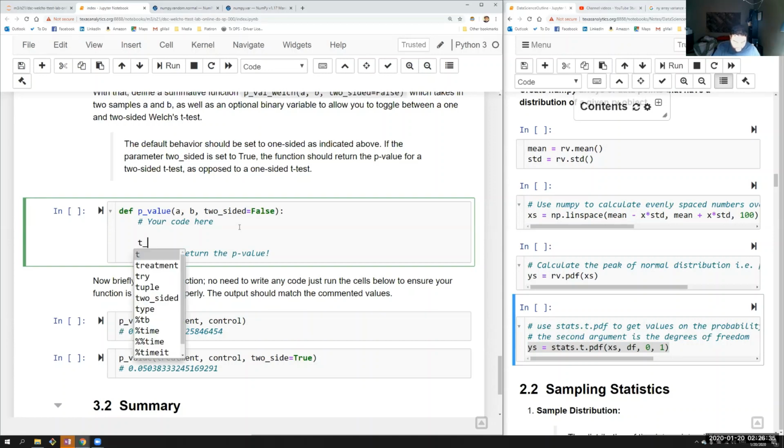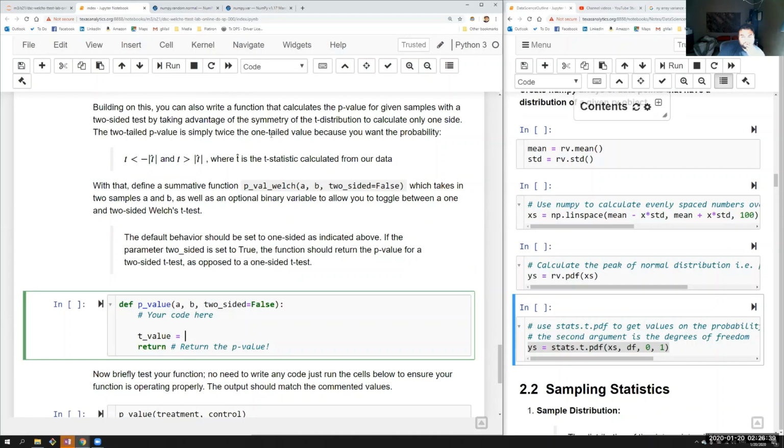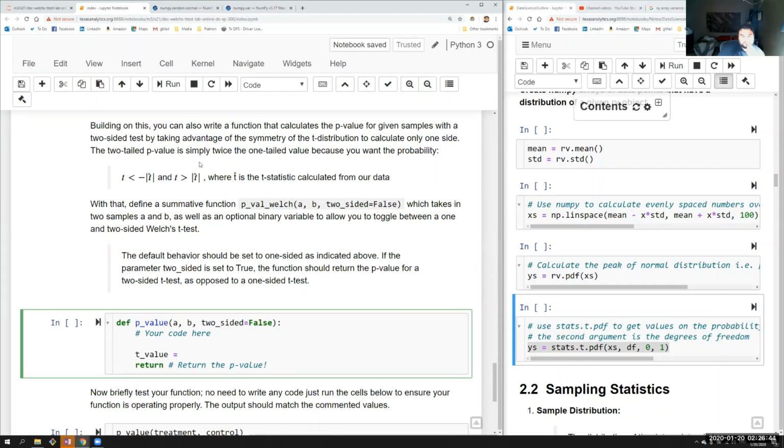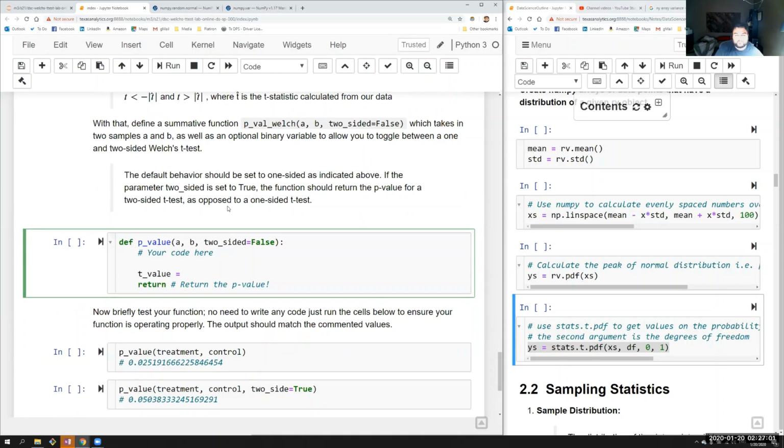So let's get the t-value is equal to. Okay, so twice the p-value. Right, because it's symmetric, so when we calculate the p at the end, we could just take off the other tail. So I don't know what that is saying. I'm just going to ignore that.